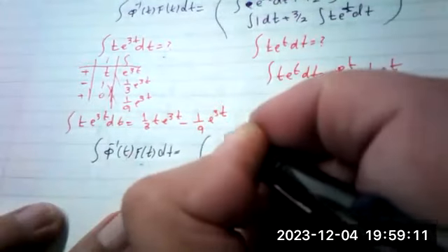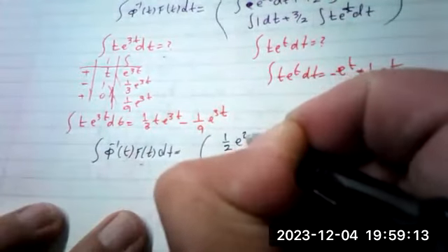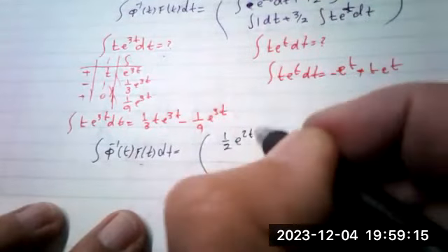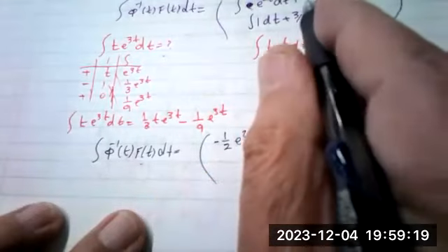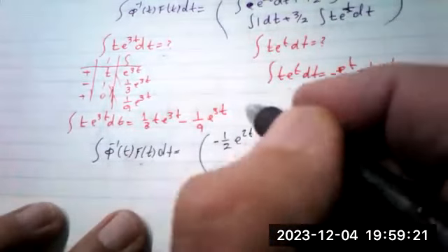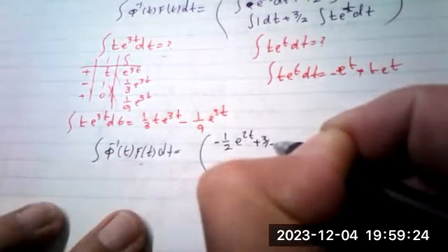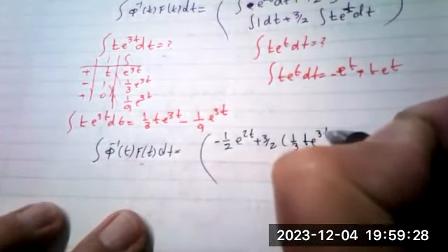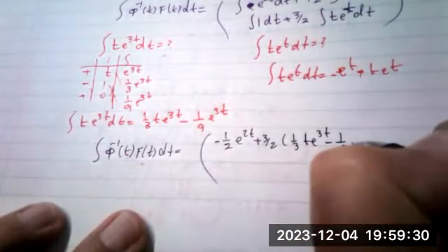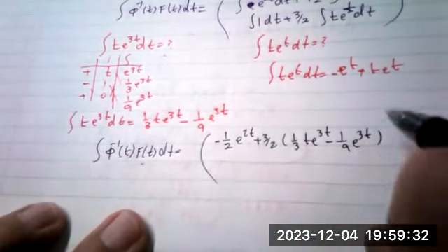This is going to be 1/2 e to the 2t, negative 1/2. Then you have 3/2 times the rest: 1/3 of t e to the 3t minus 1/9 of e to the 3t.